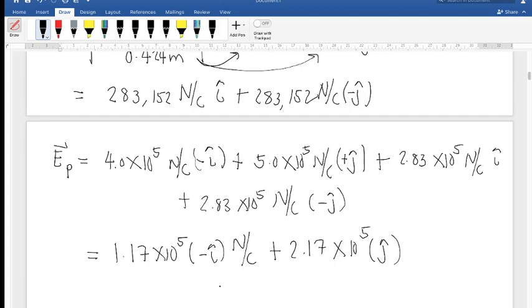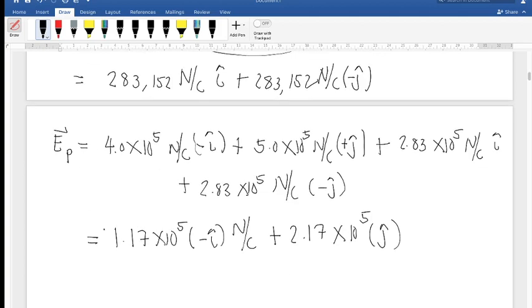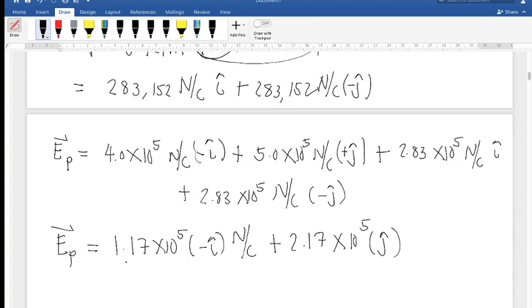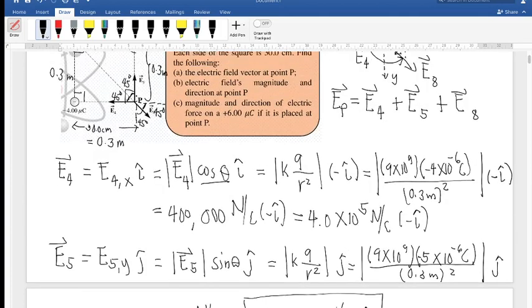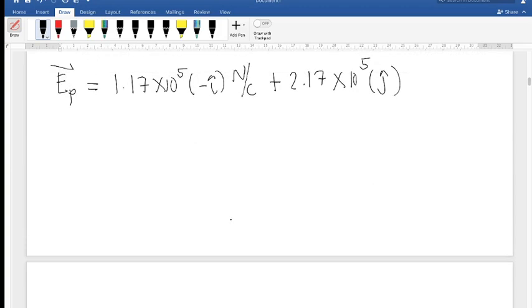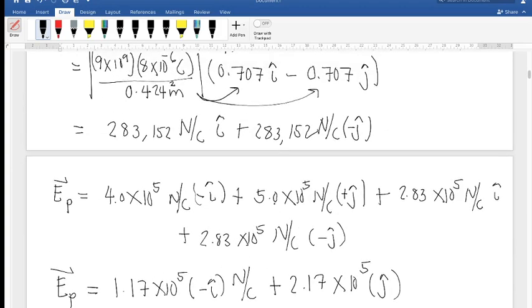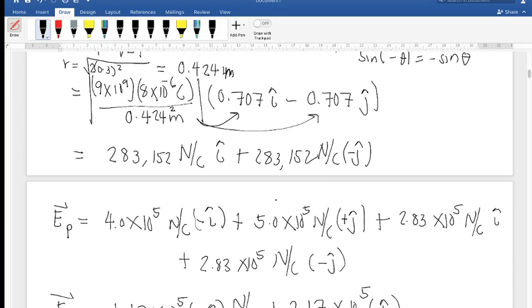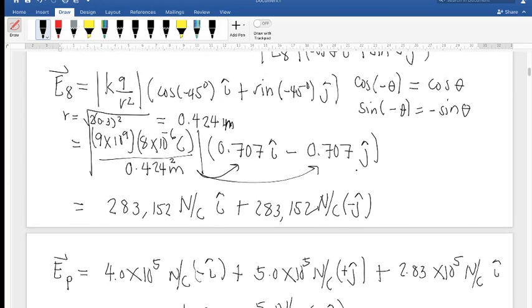So meaning your electric field vector, you anticipated, you expected, is located at quadrant 2, right? This is the negative x component and positive y component. So approximately it is in quadrant 2. So it should be located here in quadrant 2. This is your EP, the total electric field vector. Okay, so it fits. So is this correct? I think it is correct. If you have any correction about this, just tell me, okay?